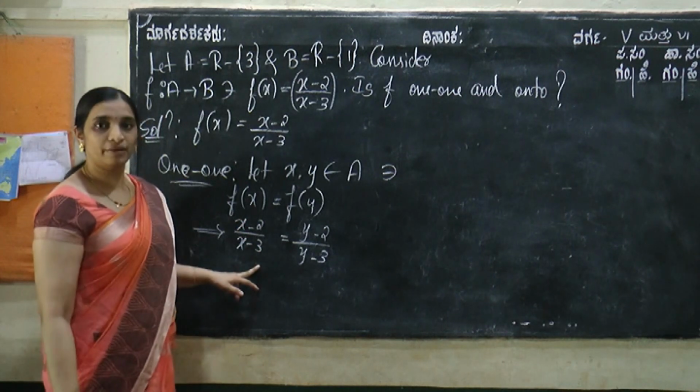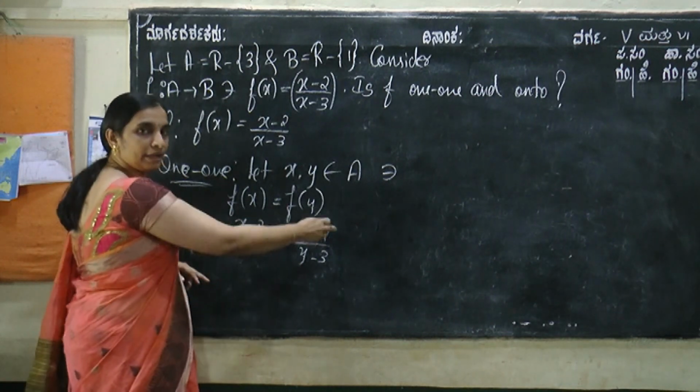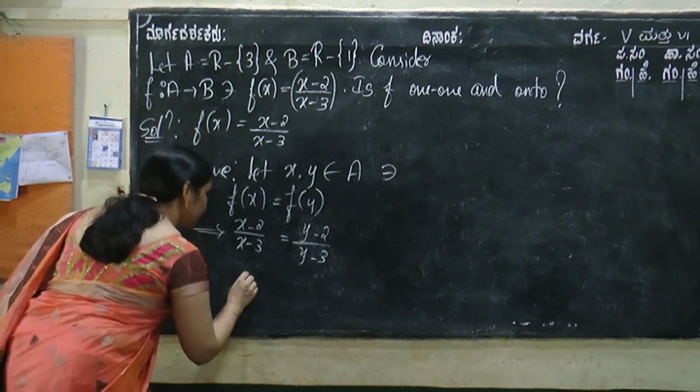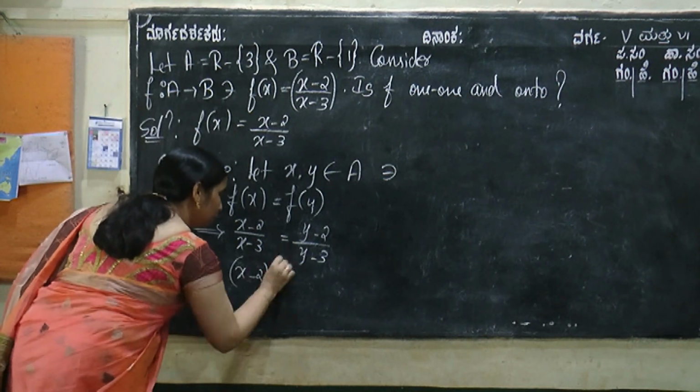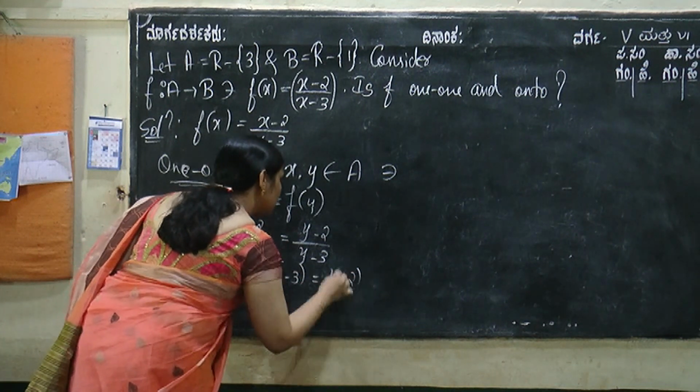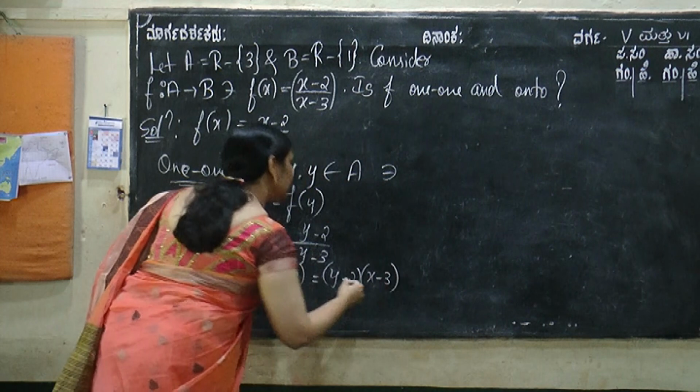Now in this one what we have to do? We will cross multiply and afterward we will check whether x is equal to y or not. So it will be x minus 2 into y minus 3 equal to y minus 2 into x minus 3.